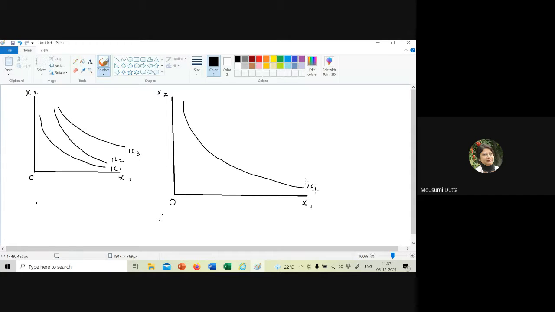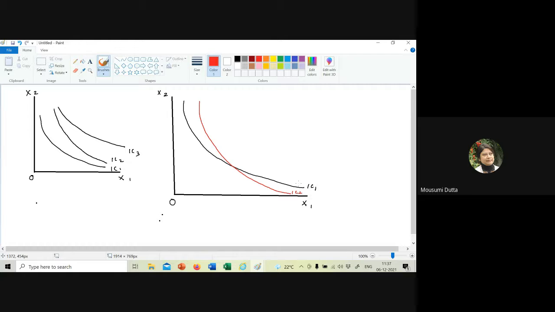This is IC1 and this is, say, IC2. Keep the two curves strictly convex, don't merge the line with axis.